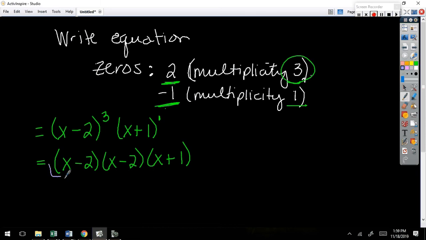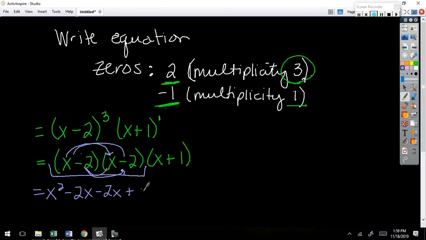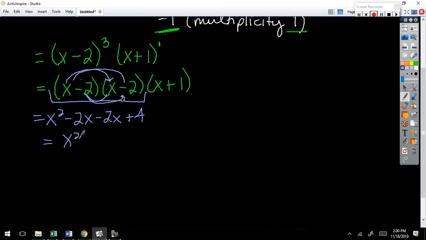So I am going to take my first 2 and just distribute through. So that would be x squared minus 2x minus 2x plus 4. Again, I'm still just working with these first two, and I'll expand and simplify to that third one in just a minute. So now I have x squared minus 4x plus 4, excuse me, that I'm going to multiply by x plus 1.